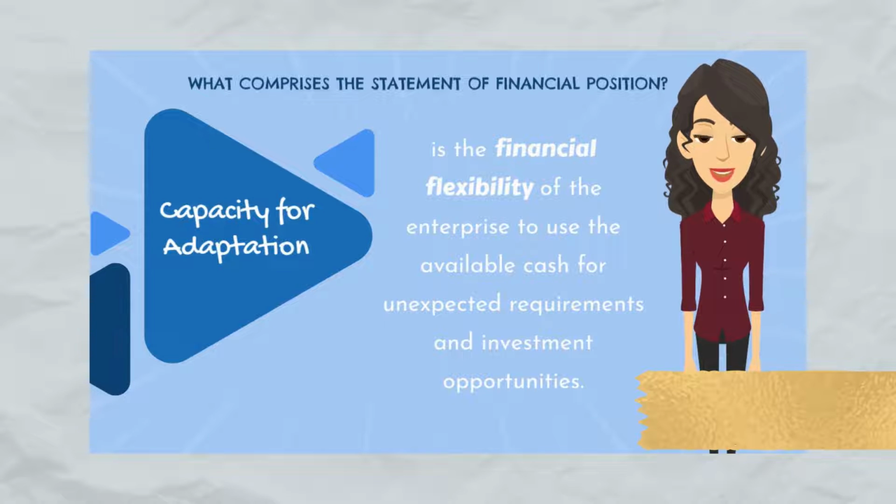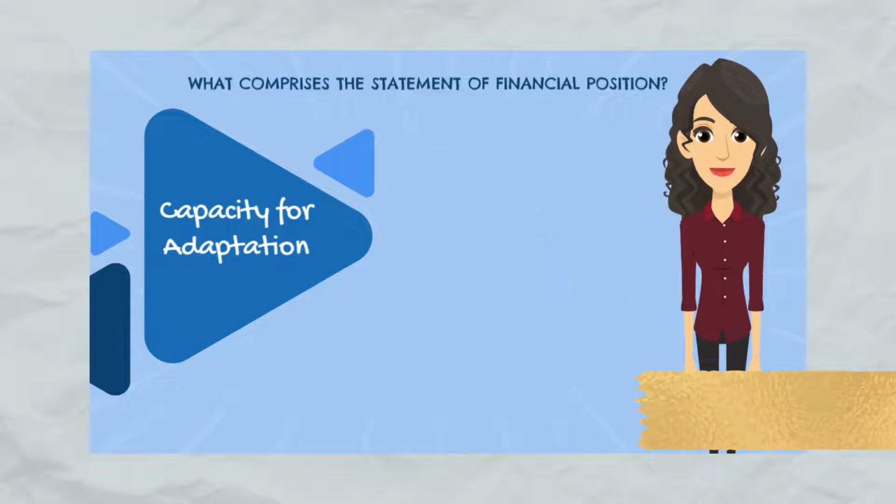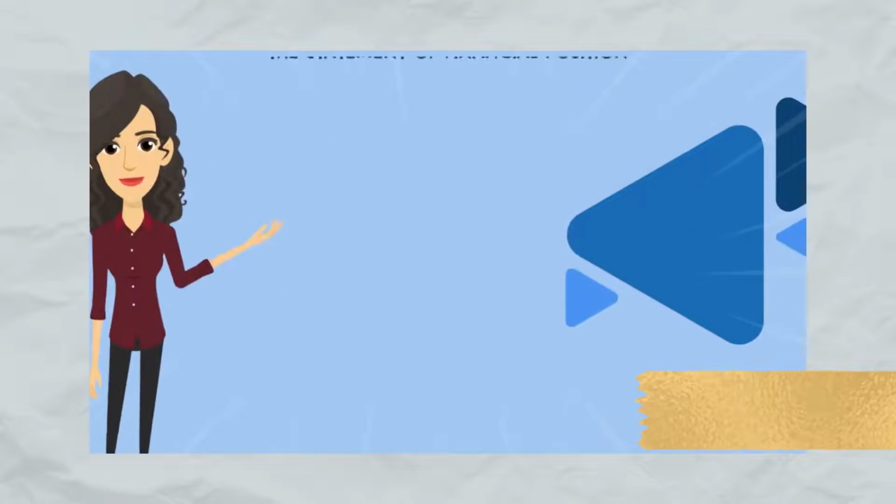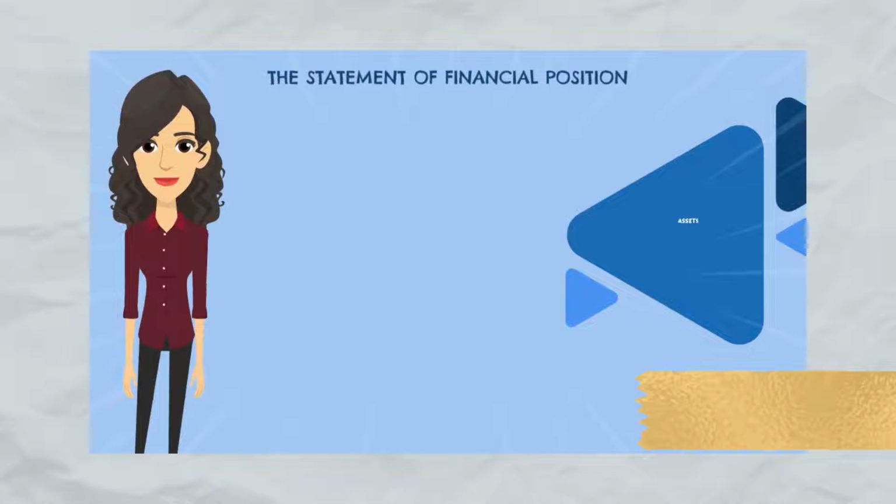and investment opportunities. The statement of financial position is previously known as the balance sheet, which shows the assets, liabilities, and owner's equity. So what are assets?